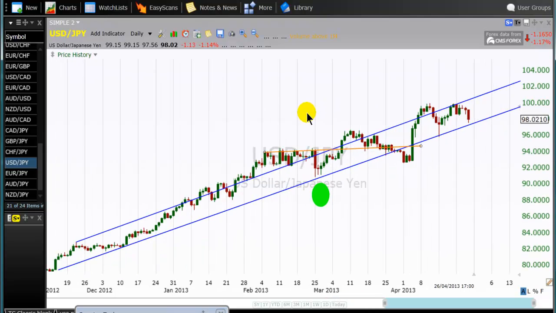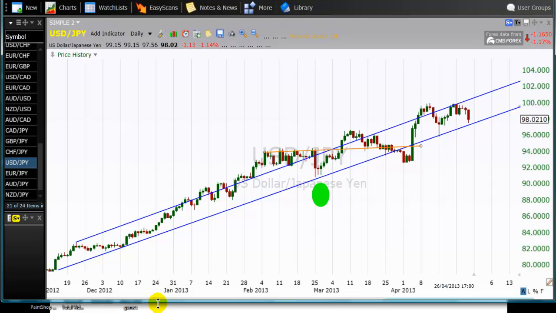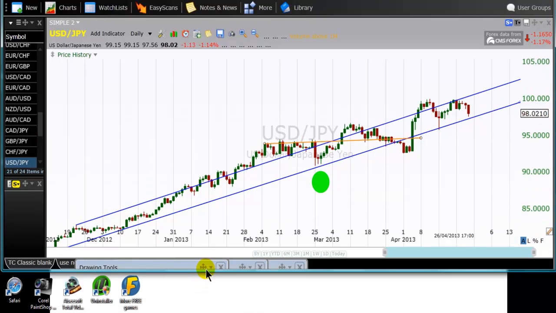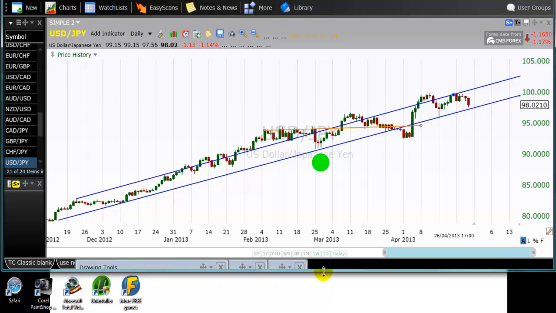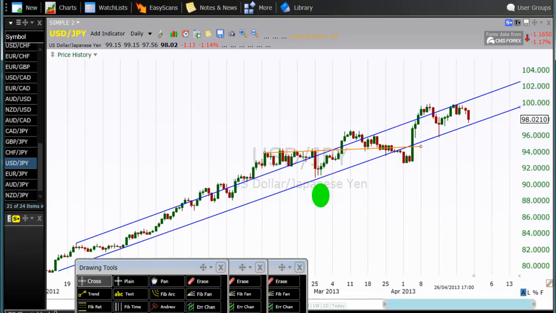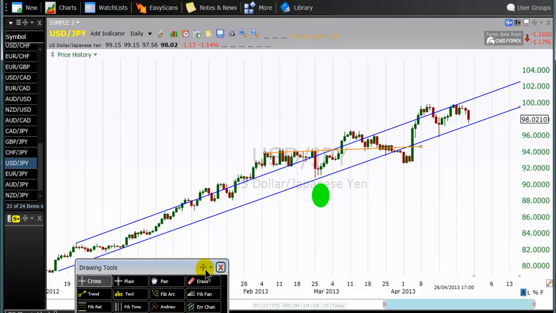In fact, what I was saying to traders on Google Plus, which we can talk about here, is that I do not want to buy the USD yen. Traders can buy it, but I do not want to buy it. I have my reason to do it. It does not mean that it cannot go up. It can go up, okay?